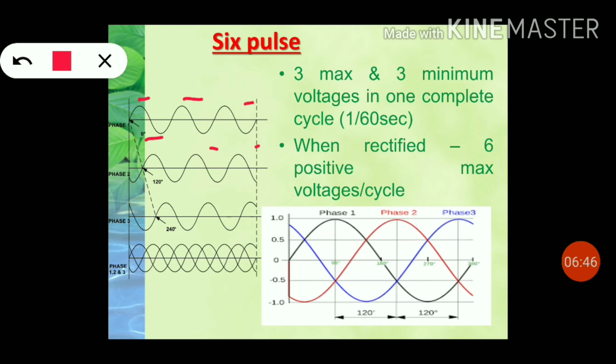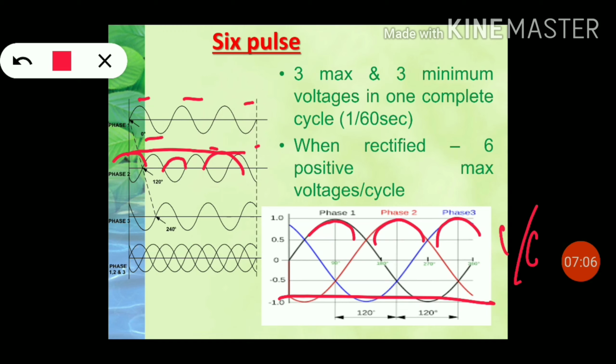When rectified, we will get these 6, all the 6 positive maximum voltage cycles: phase 1 cycle, phase 2, phase 3, and so on. In this 1/60 seconds we get the complete cycle with 6 positive maximum voltages per cycle.